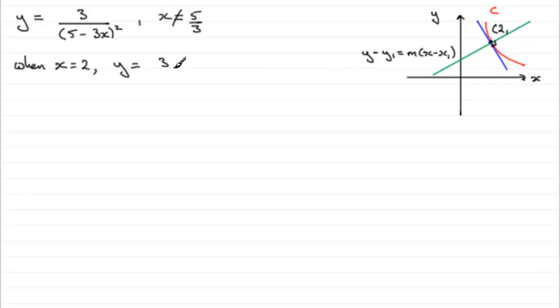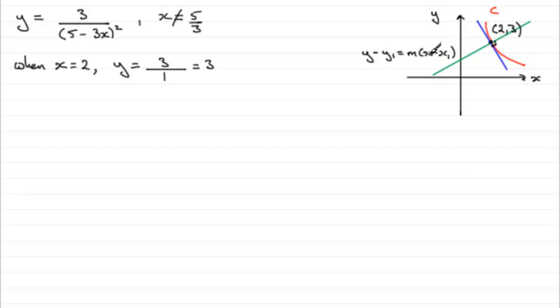Well, it's a simple substitution. It's just going to be 3 divided by 5 minus, well, 3 2's are 6, 5 minus 6 is minus 1, squared, minus 1 squared is 1, so it's 3 over 1, or in other words 3. So I could update this diagram. This point here has coordinates 2, 3.